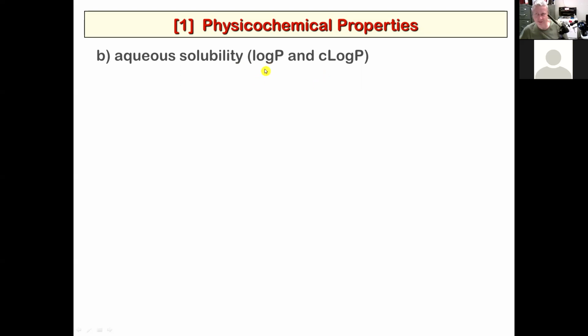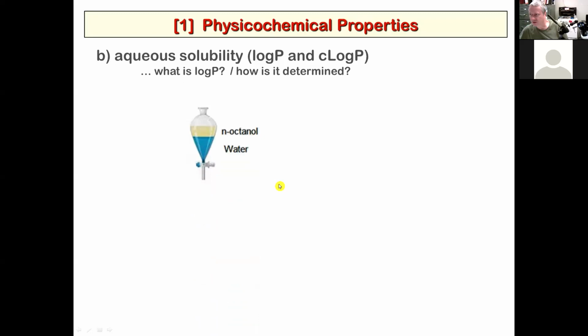What do they mean? What does log P mean? I don't know if you've seen this in your other classes or something. C log P and log P. Yeah, so what is it? How's it determined? So there's kind of like the old way before computers, and now everybody uses computer methods to do this, which is called C log P. So the traditional way is you'd partition your molecule between octanol and water.